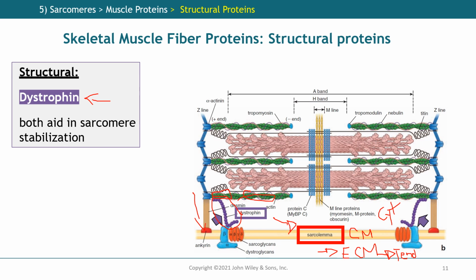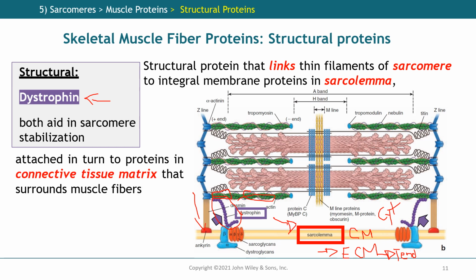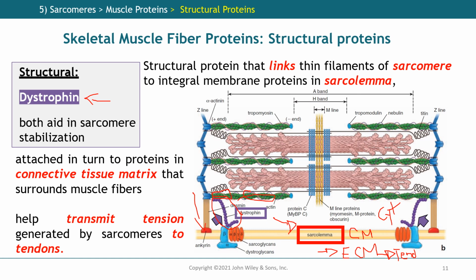This dystrophin is the last structural protein that we are studying, and instead of stabilizing the thick and the thin filament, this one is attaching to the cell membrane of the muscle cell, or sarcolemma, and this in turn is attached to the connective tissue matrix, which helps to transmit and generate the tension transmitted to the tendons, and in that way pull the bones.